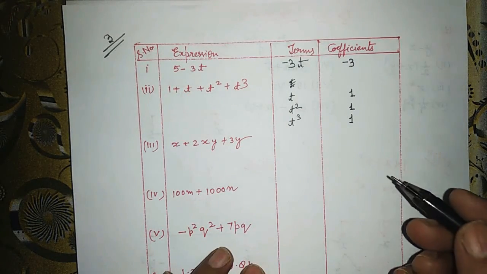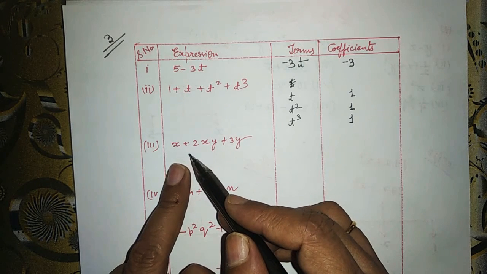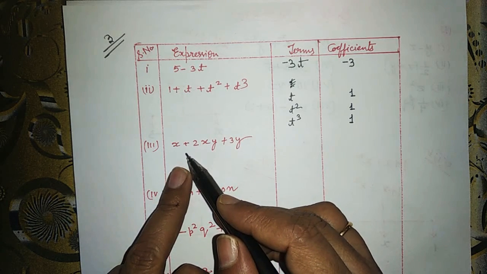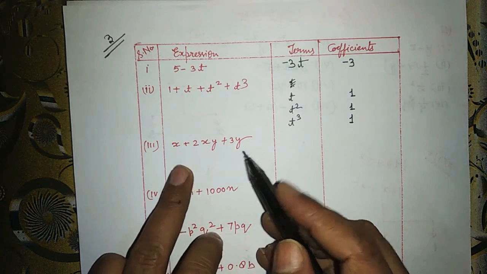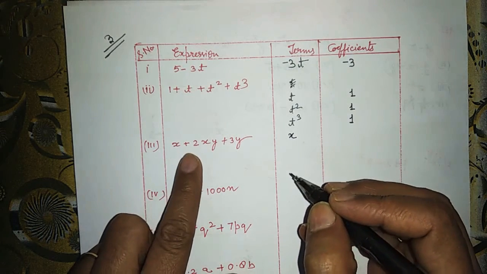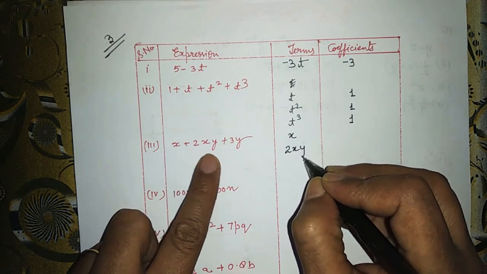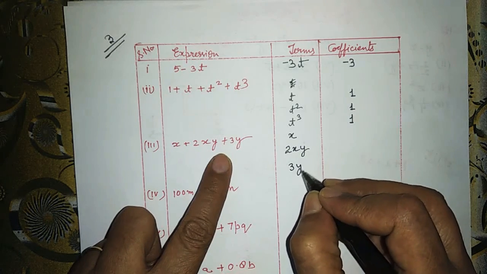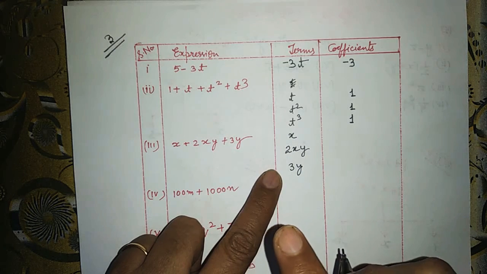Now children, see the third part of the question. The given expression is x plus 2xy plus 3y. The first term x we can write, it is not a constant term. Here 2xy and 3y. Now we have to write the numerical coefficient.